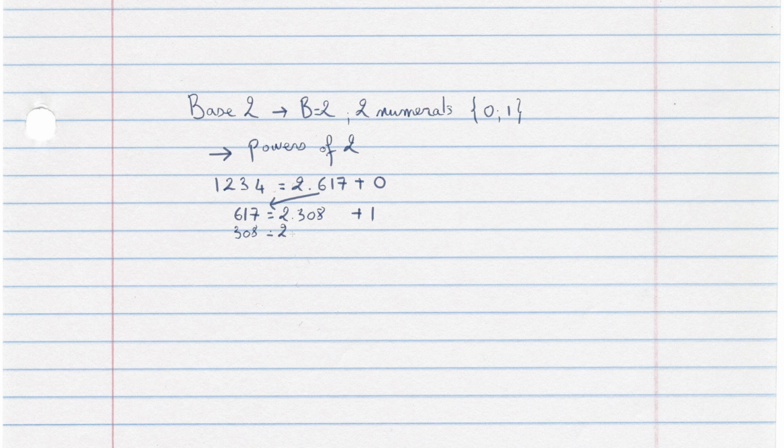Then we take that 617 and divide it by 2 again. That's 2 times 308 plus 1 this time. We take that 308 and divide it by 2 again.